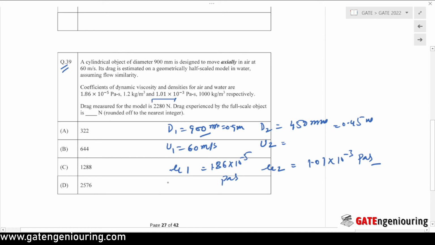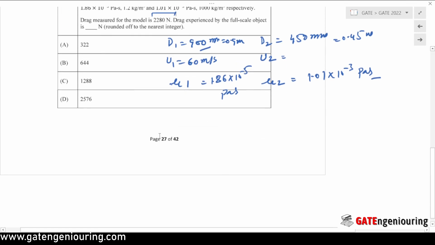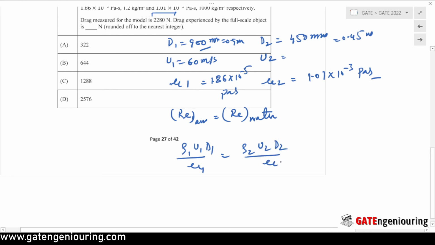So what we have to do here is apply two things. First is the Reynolds number for air must be equal to the Reynolds number for water. Okay, we have the values, so from here we'll be getting the value of velocity. So rho 1 u1 into d1 upon mu 1 equals rho 2 u2 d2 upon mu 2.